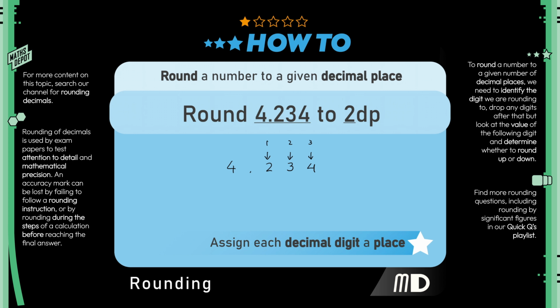Correctly identifying the digits in the decimal is a crucial step in being able to accurately round a decimal. While the second digit, 3, is where our number will end, the third digit, which is 4, is the decision maker that tells us which way to round.